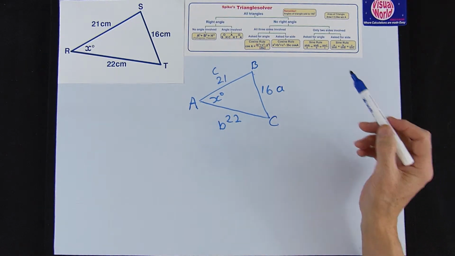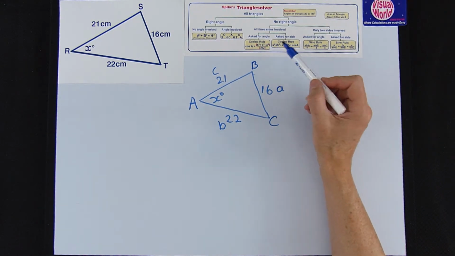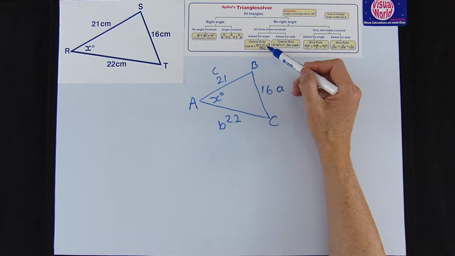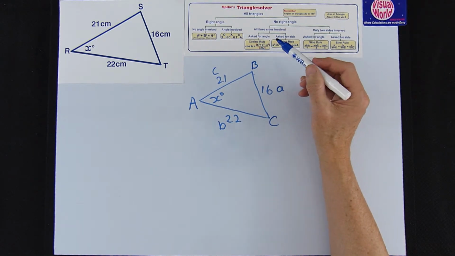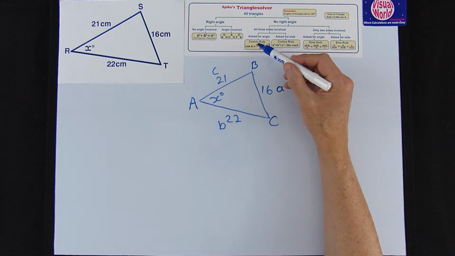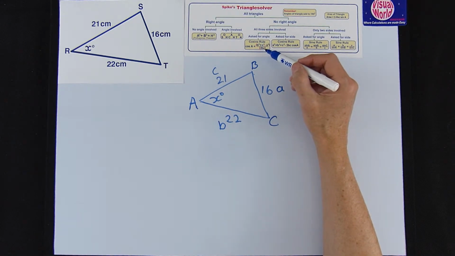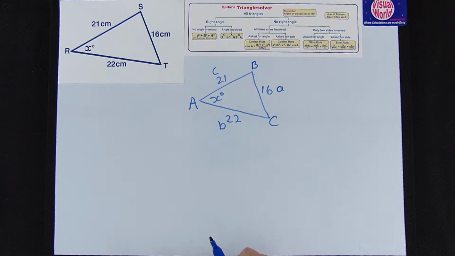Now we said we were going to use that cosine rule, and if you notice the brackets are in red, make sure you use these brackets. You will get the formula in your exams, but they never put the brackets in. Make sure you put the brackets in immediately.